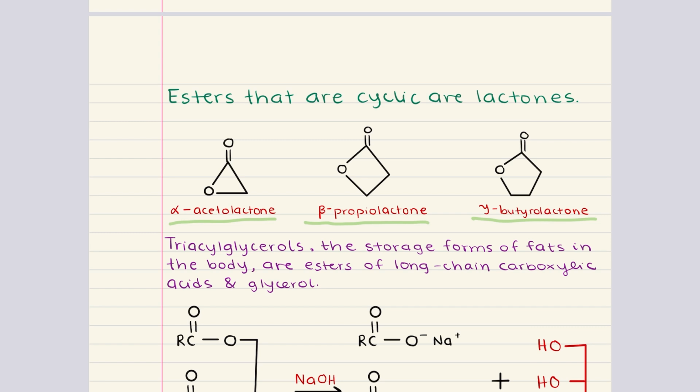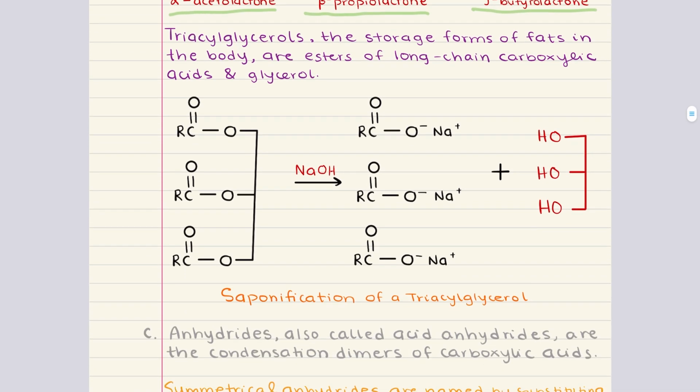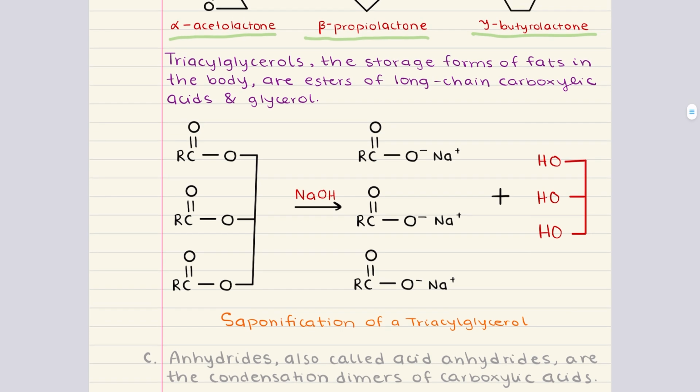Finally, let's talk about an important biological example of esters, triacyl glycerols. These are also known as triglycerides, and they are the storage form of fats in the body. They're formed by the esterification of 3 long-chain carboxylic acids, often called fatty acids, with 1 molecule of glycerol.